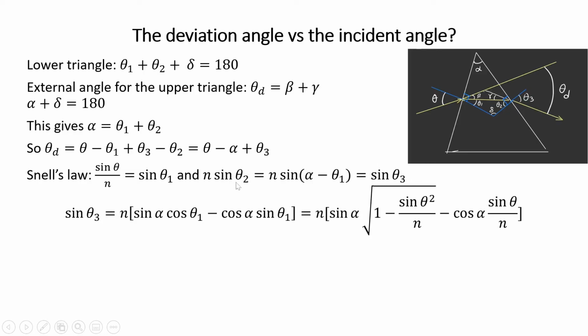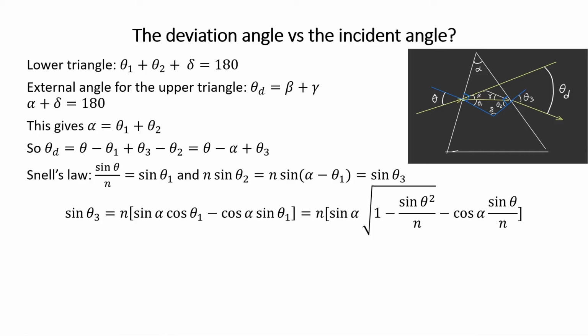But I can express theta 2 versus this equation, which is alpha minus theta 1, sine of alpha minus theta 1. So I can simplify this equation and write n times this bracket. I expand this relation, sine of alpha minus theta 1, as sine of alpha cosine theta 1 minus cosine alpha sine of theta 1.